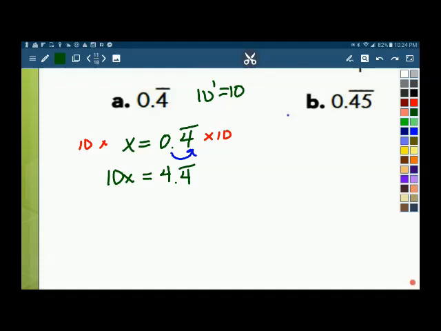If you can't imagine where that came from, think of what 4 repeating means. 0.4 repeating means 0.4, 4, 4, 4, 4 off to infinity. If I move the decimal place over 1 spot, that means I get 4.44444 off to infinity. So instead of writing the 4s, I'm writing 4.4 repeating.